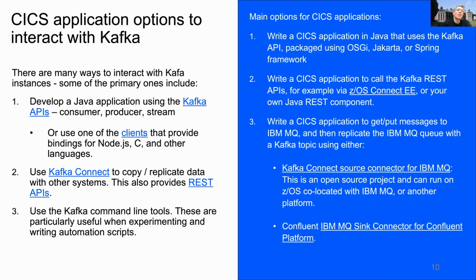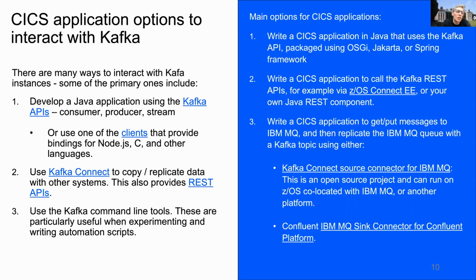So taking those as the prime ways of writing or using clients, from a CICS point of view, that means you could write a Java application in CICS that calls the Kafka API. You could write that as an OSGi application and just use the Java SE environment.